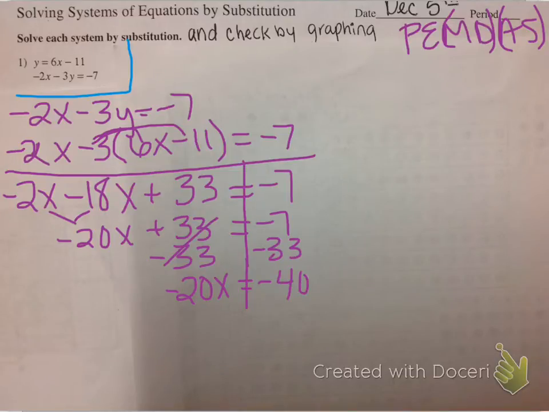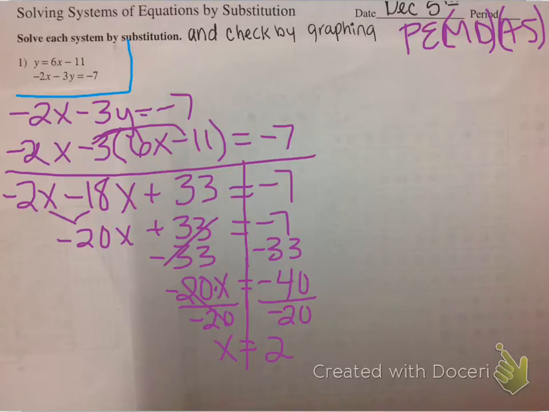I still need to get x by itself. The 16 and the x are being multiplied, so I'm going to do the opposite, which is divide. I'm going to divide by -16 on both sides, and I get x equals 2.5.